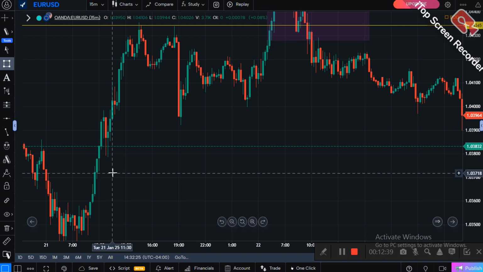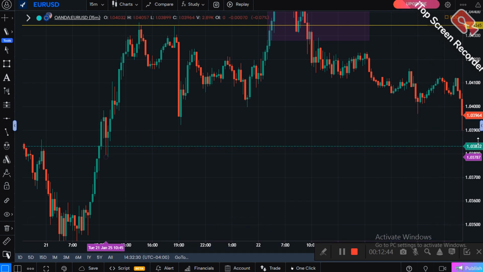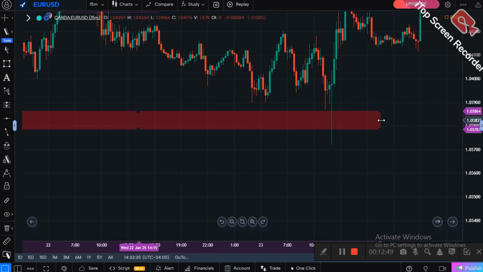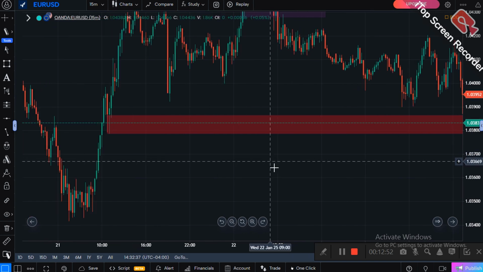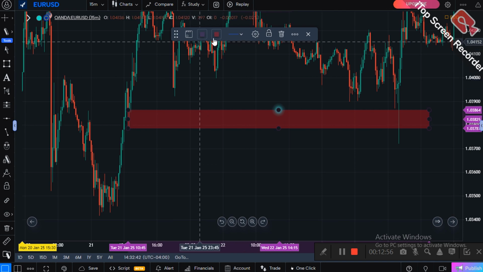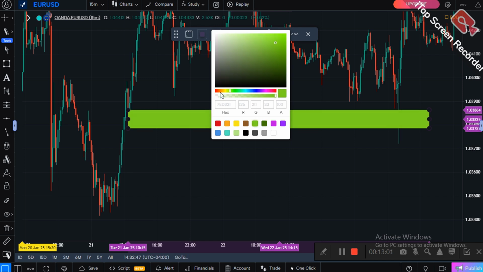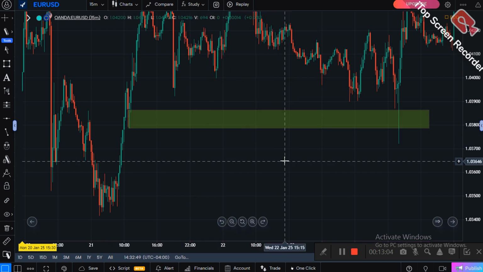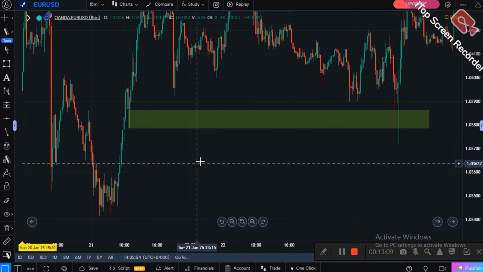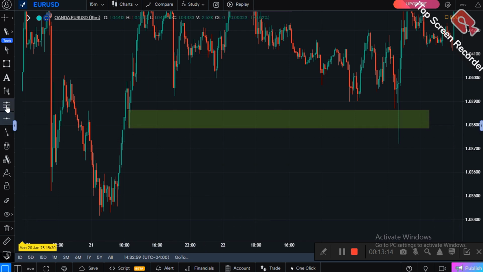So for that rejection block, it will be an end-over-end trade. This is a rejection block. So once I color this green, because this is the sign of an upside trend, once they reject that green, there's all the rejection block in that zone, in that area.